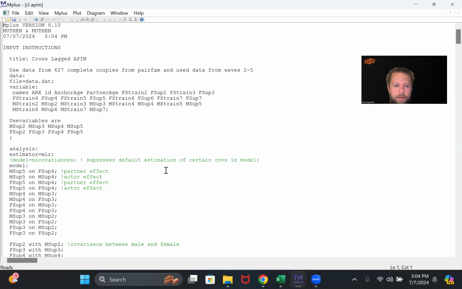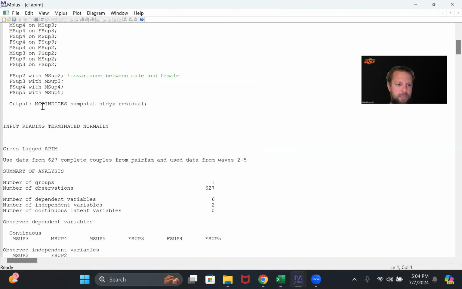Again, you'll see up here I've requested mod indices and residual. That's to identify potential local problems. And then I also requested basic standardized statistics, as well as standardized effects that standardize both our X and our Y variable.